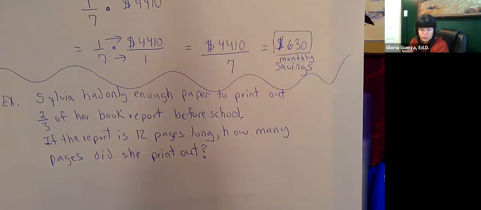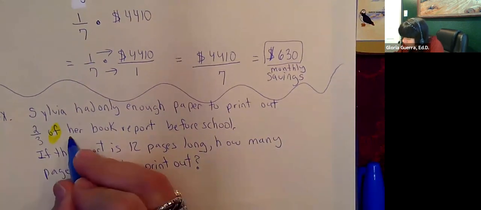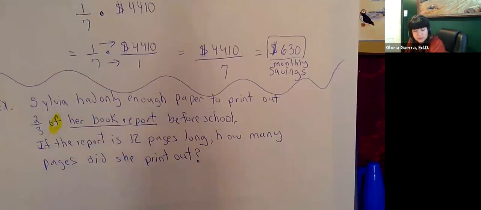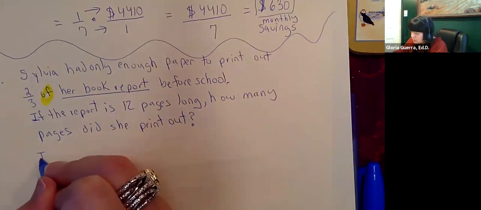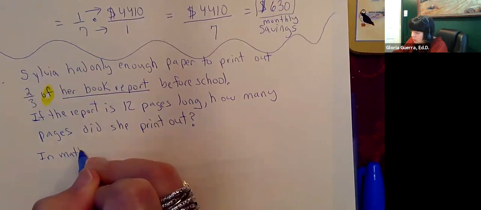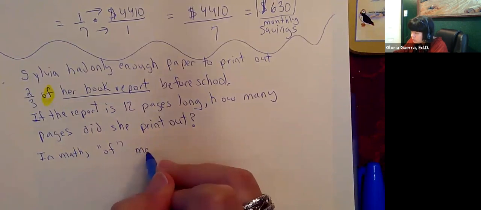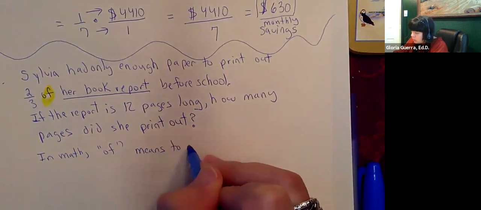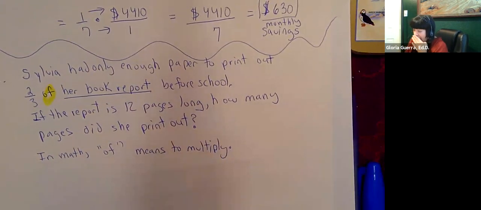Okay. So again, if I look for a keyword, this part of her book report, of, I would say that's a keyword again. In math, of means to multiply.